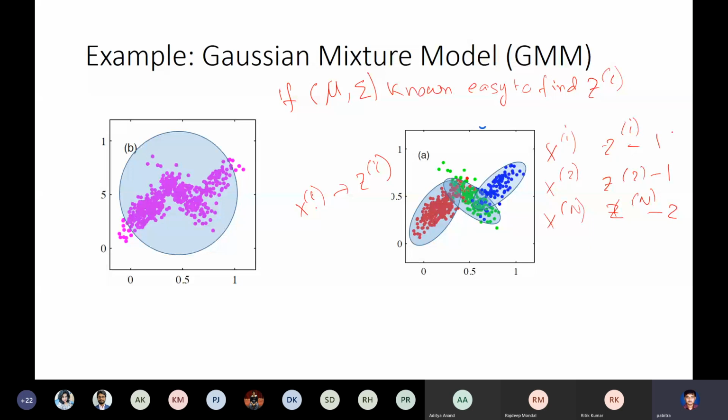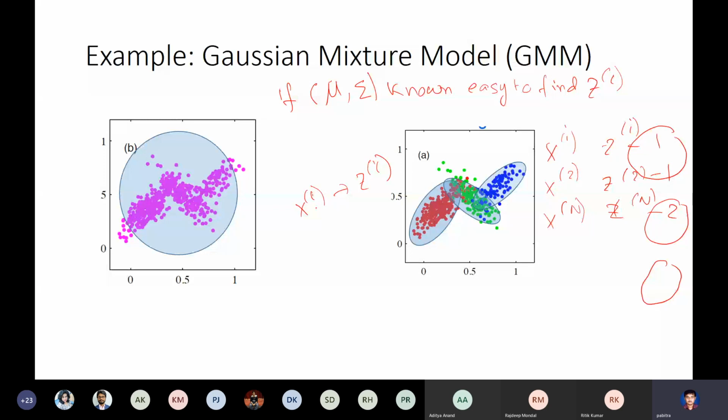I will just collect all the X1 points, all the X2 points. Among the endpoints, I'll group them into all belonging to Z equal to 1, all belonging to Z equal to 2, all belonging to Z equal to 3. This is not entirely correct, but you can easily generalize it to the vector case.